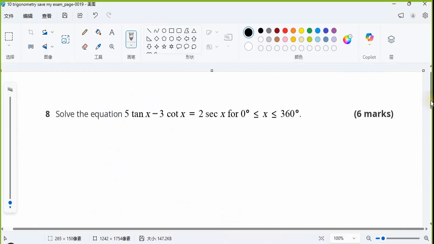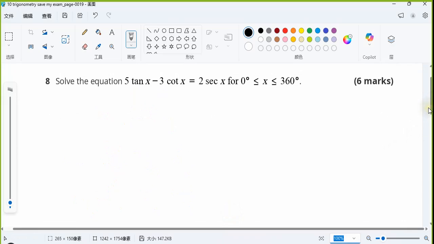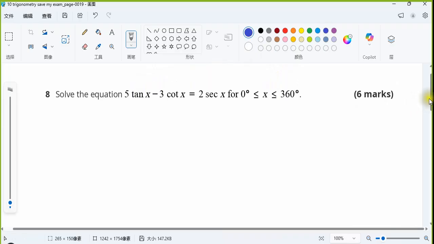Question number 8. Solve the equation. So we have tangent and cotangent come out together in the question. Then what we will use is tangent is sine over cos, cotangent is cos over sine, and secant is 1 over cos.